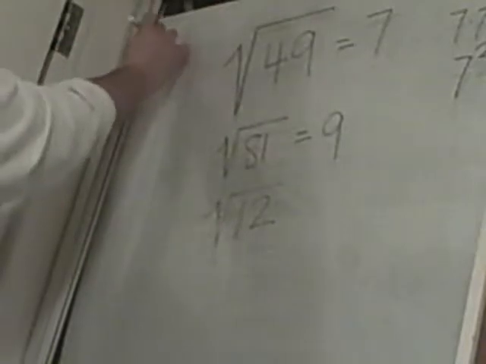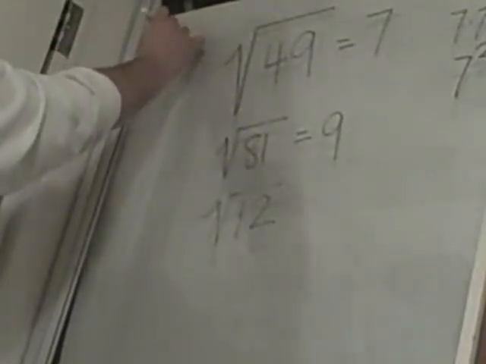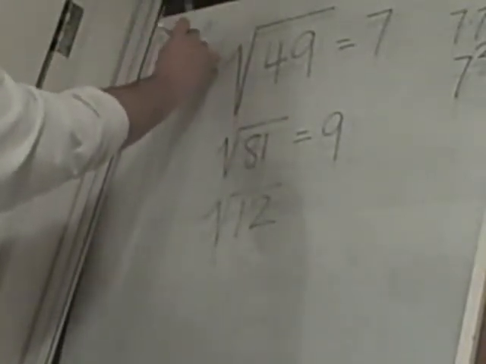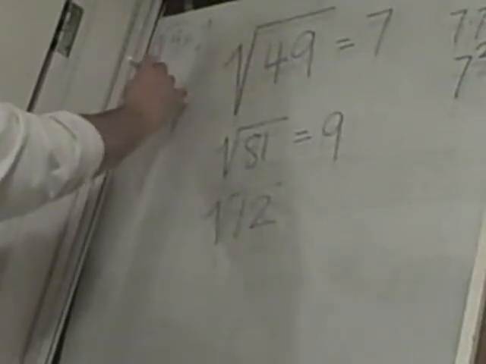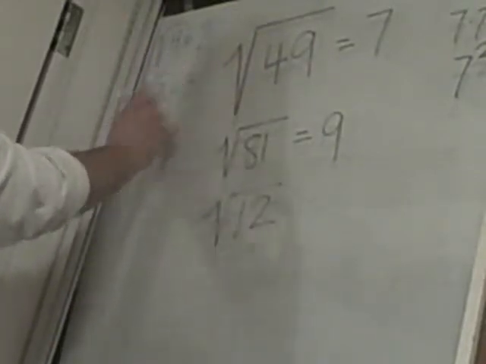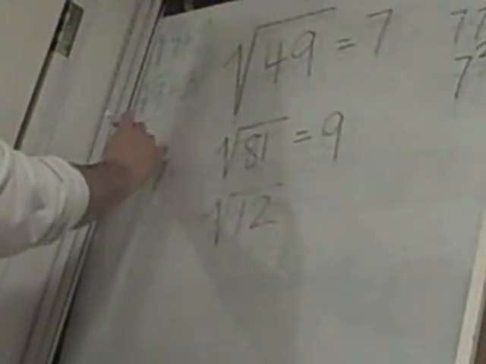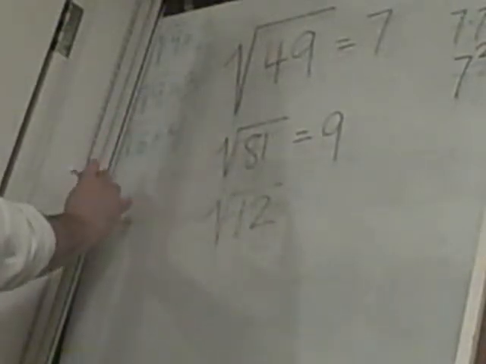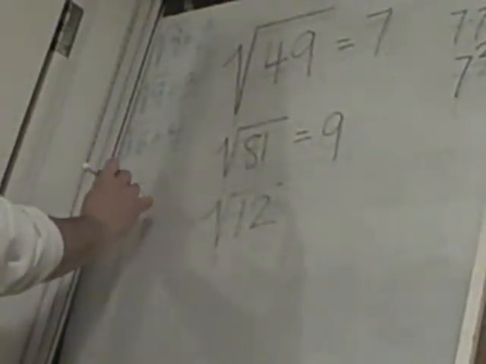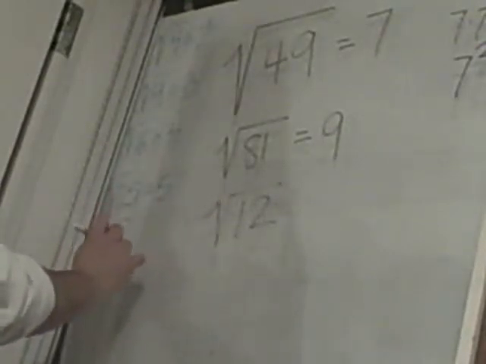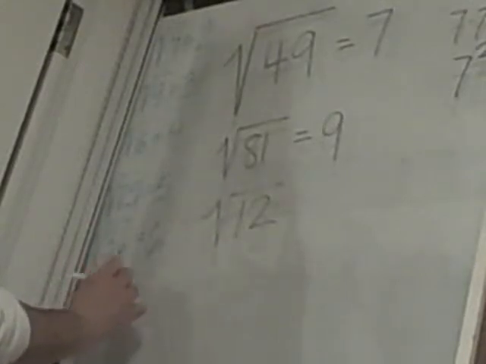Let's take a look at what our perfect squares are once again. The square root of 4 is 2. The square root of 9 is 3. The square root of 16 equals 4. Square root of 25 is 5. The square root of 36 is 6. Square root of 49 is 7.